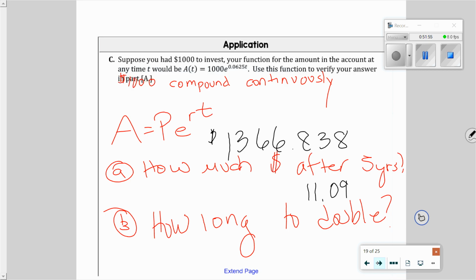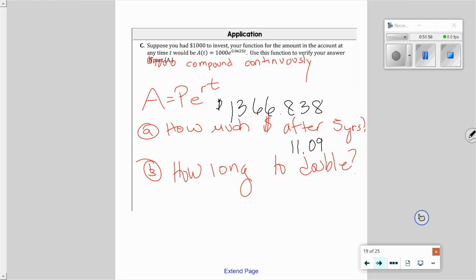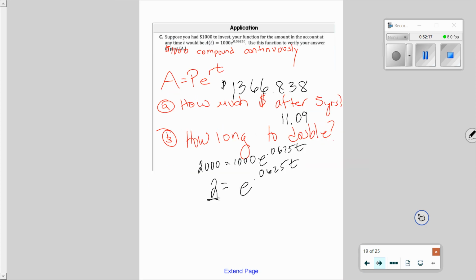B. So how long to double? So we started with 1,000. So really, I'm looking to get 2,000. But when you take the 2,000 and divide it by the 1,000, you're just getting the doubling rate there, right? So E to the 0.0625T. Then since it's the base of E, you need to change it to natural log.